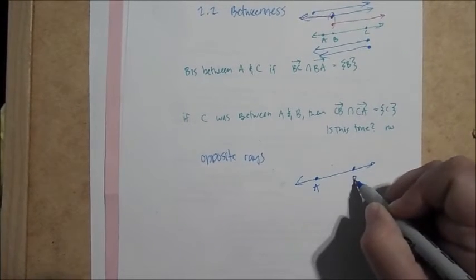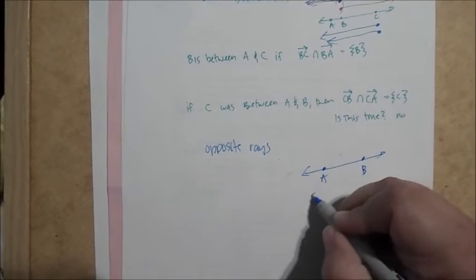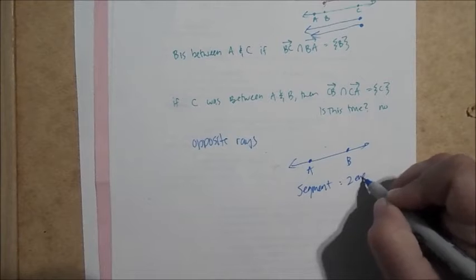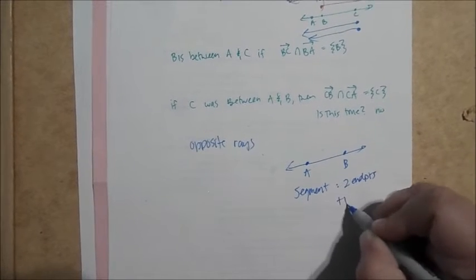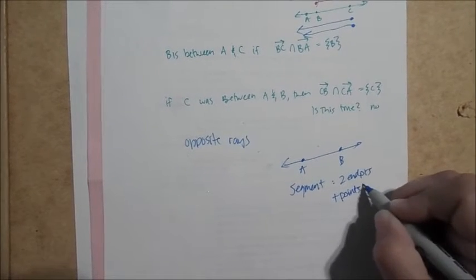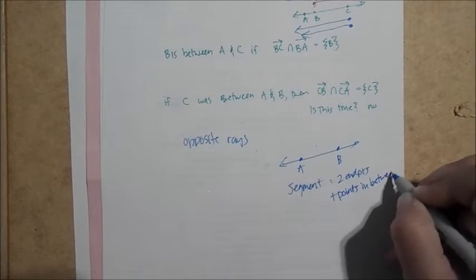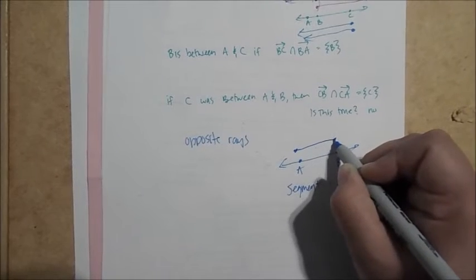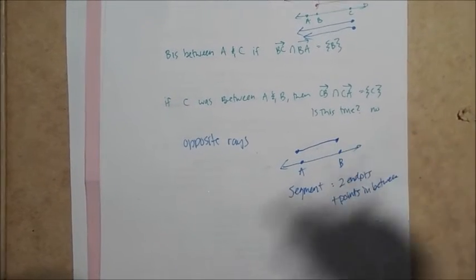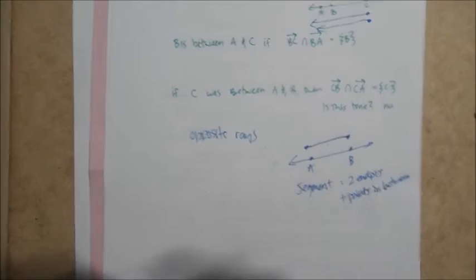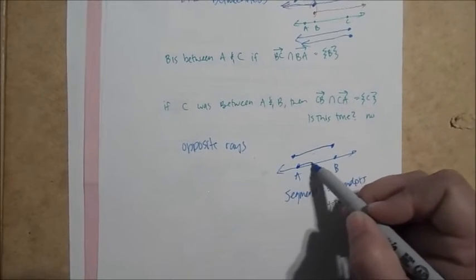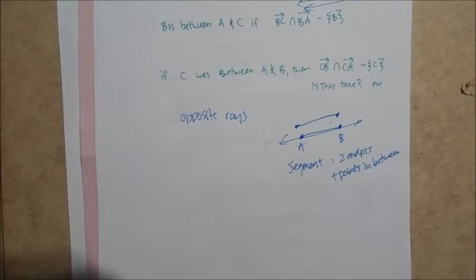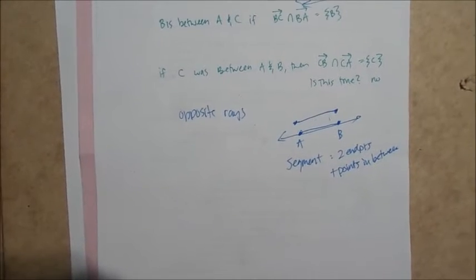So here we have A and B. If you're talking about a segment, you need 2 endpoints plus the points in between. So what I'm going to do is raise it up. This is segment AB right here. You can spot it right here, but just to bring it up so you can see what it looks like. It's point A, it's point B, but it's all the points that are in between there.